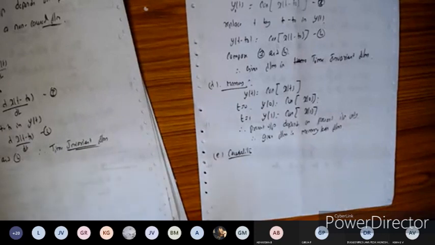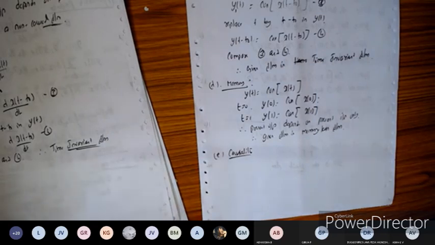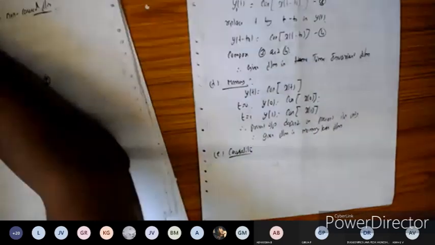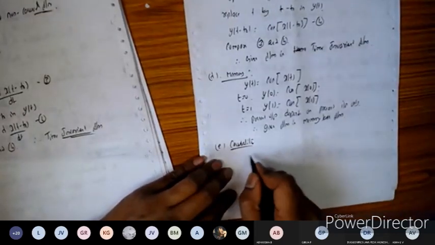So you can write, since the present output does not depend on the future values of the input, the given system is a causal system.